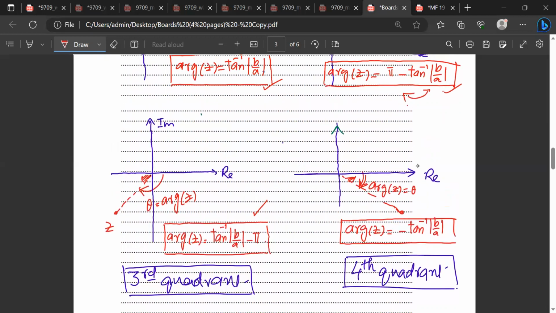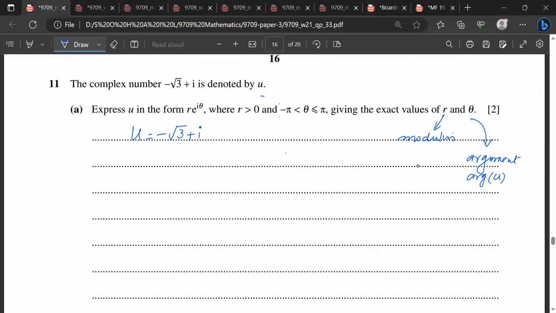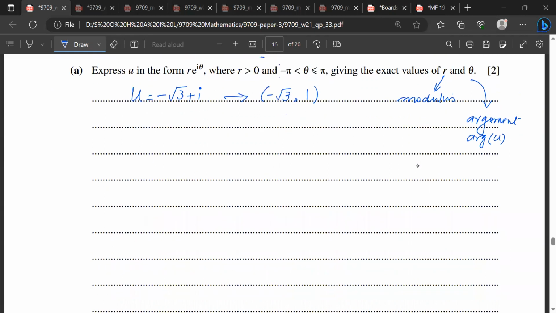So coming to this question, a is minus root 3, b is 1, so you can write minus root 3 comma 1. This is the second quadrant.